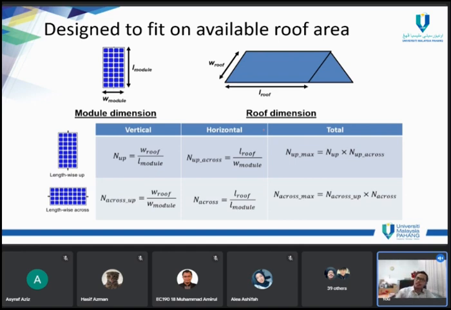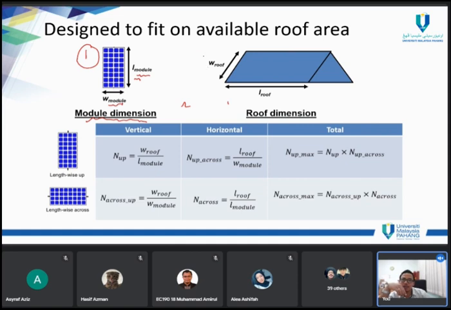The question is very simple and very straightforward. The first thing that you need to know, of course, is the size of your module, the module dimension. Like I told you, you can refer to the datasheet where it is written how much is the length and how much is the width. We know these things, then we can calculate.